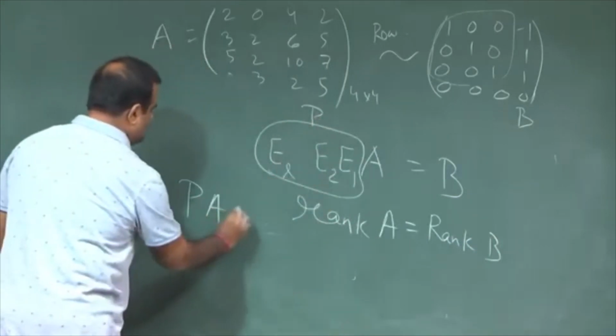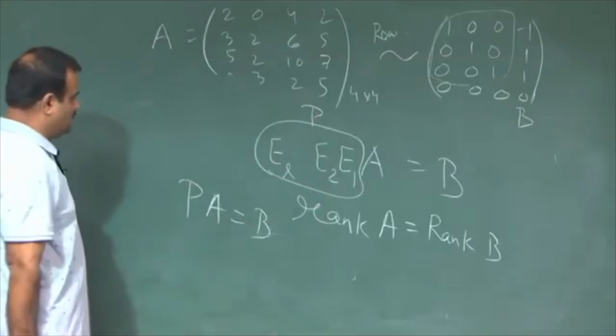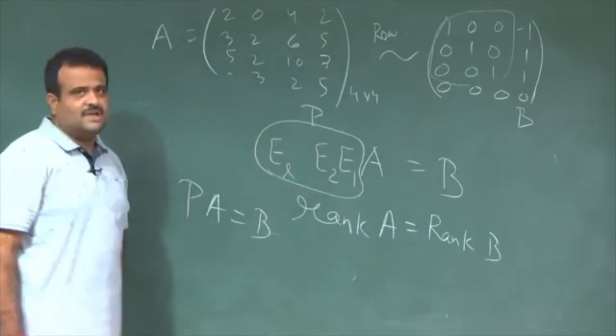So, PA is equal to B, where P is a non-singular matrix, and this is called the row reduced echelon form.